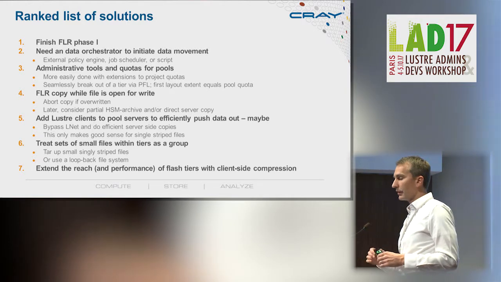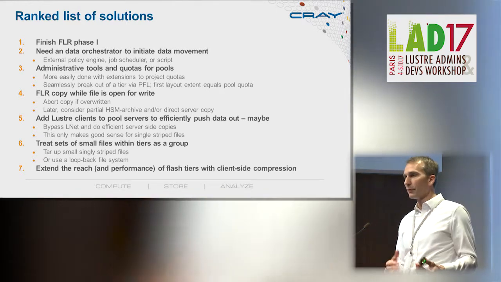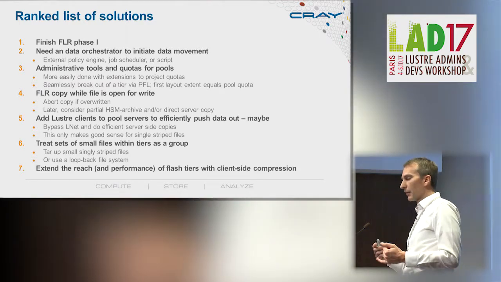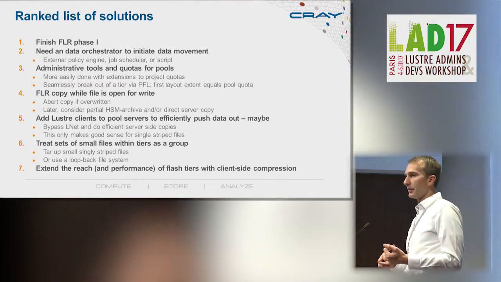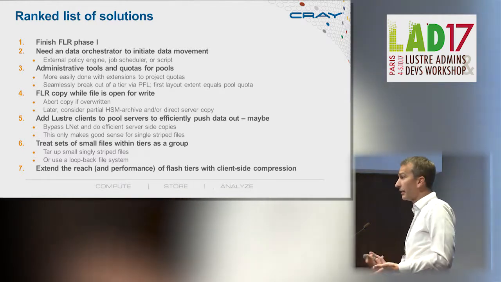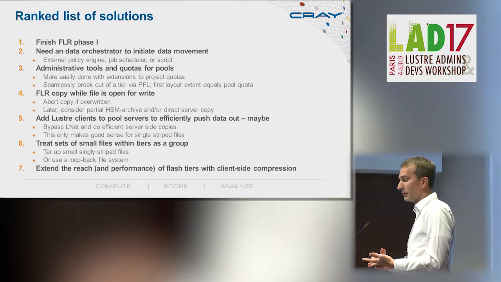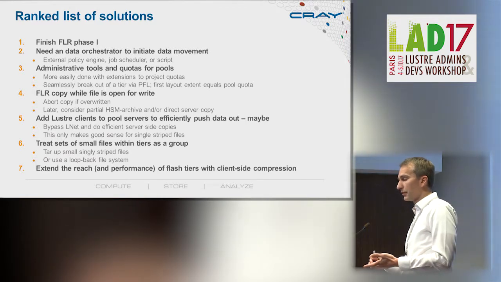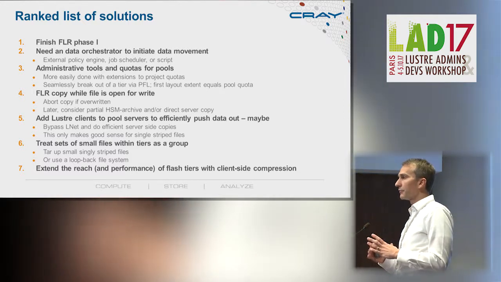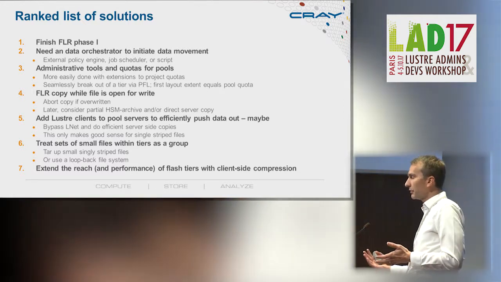And then as we're thinking about that data movement, how do we orchestrate that? We need to think about being able to initiate that data movement from a policy engine, from a job scheduler, and maybe perhaps with a script. We need to put those things in place. We absolutely have to expand the functionality around OST pools that we have today.